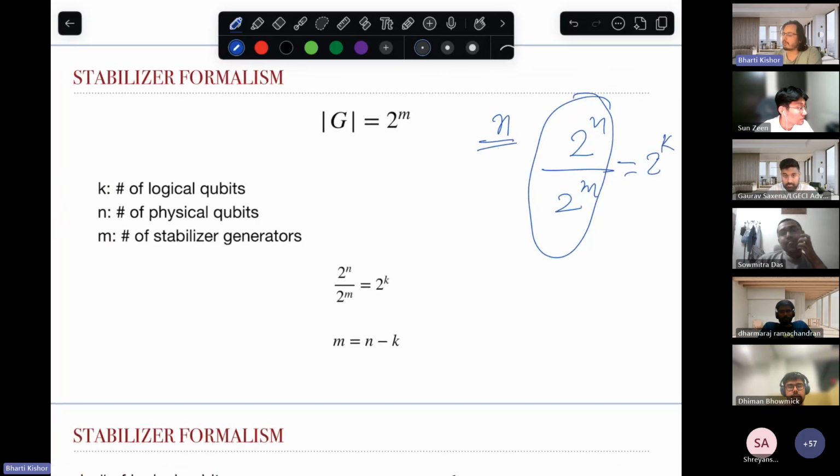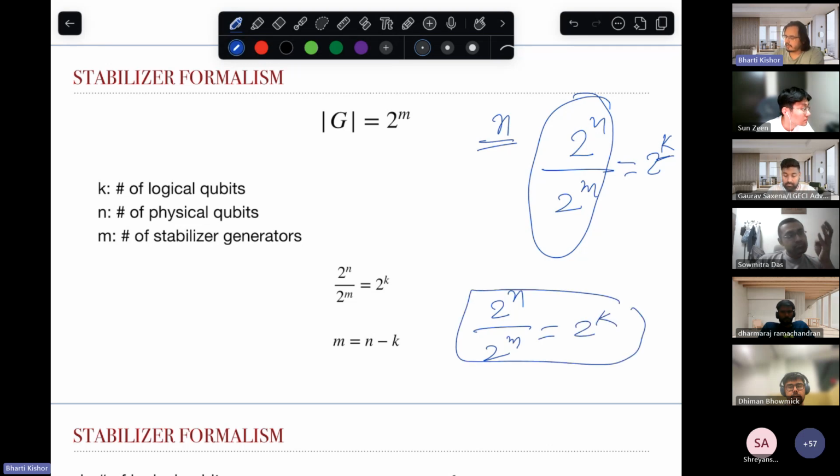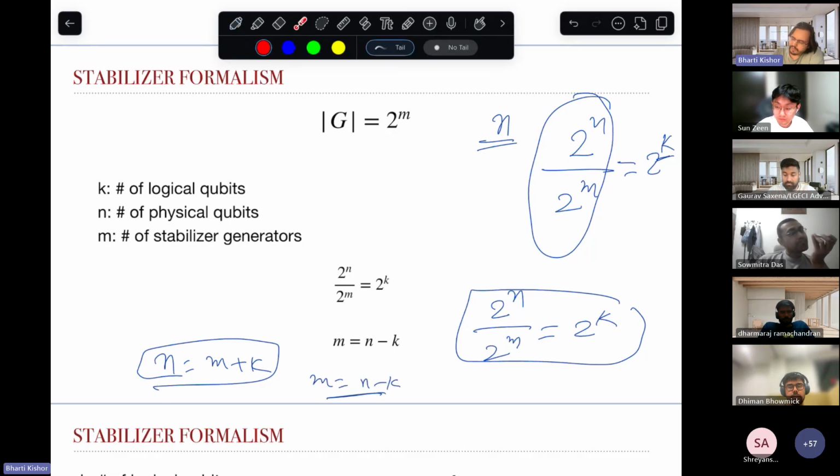So if you have k-qubit quantum states, that is 2 to the power k. So basically you have 2 to the power n divided by 2 to the power m is equal to 2 to the power k. So from here you get n is equal to m plus k, or m is equal to n minus k. This is very useful. It tells you that if you have k logical qubits, n physical qubits, and m stabilizer generators, then this is the relation they have to satisfy.